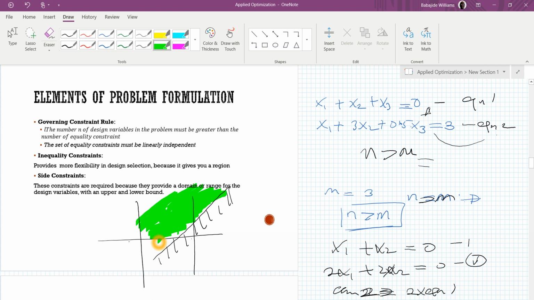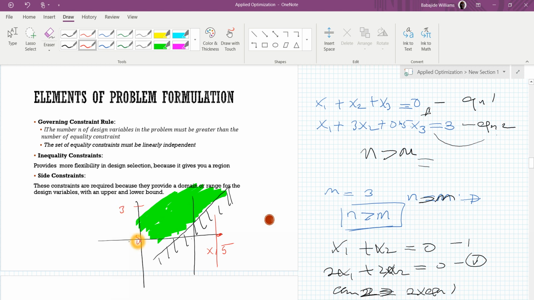Now let's look at side constraints. These constraints are required because they provide a domain or range for the design variables. Essentially, side constraints will give you a range or domain for design variable x1. Let's say this is 5, and x2 or y, say this is 3.